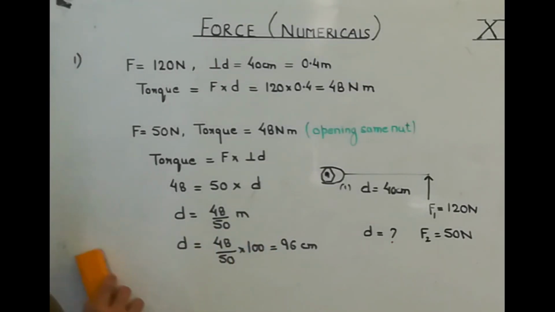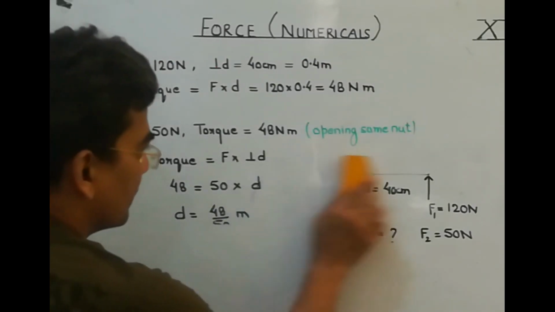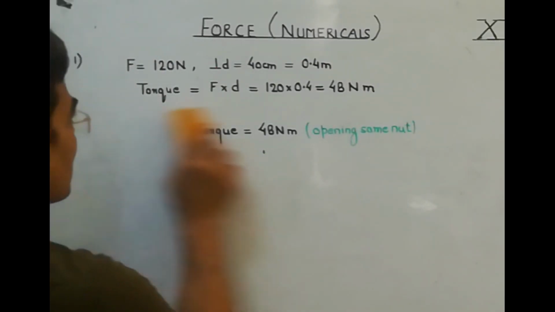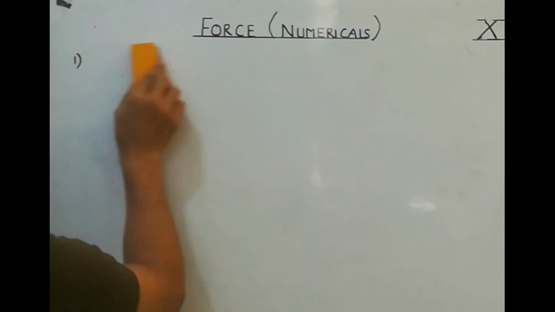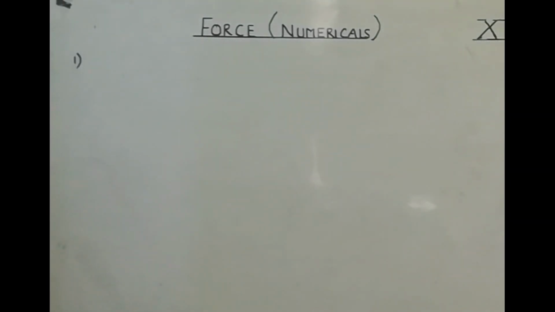Now numerical number 2 next. Now numerical number 2, they are saying the iron door of a building is 3 meter broad. It can be opened by applying a force of 120 Newton normally at the middle of the door.